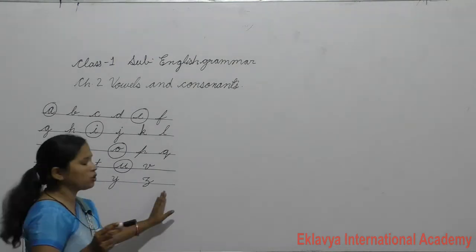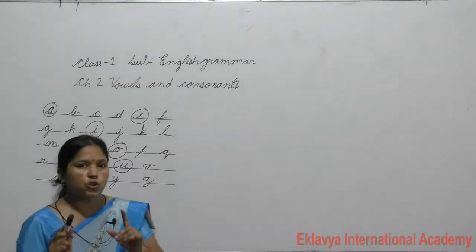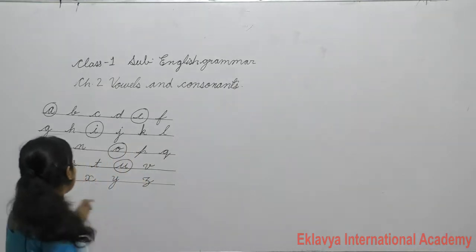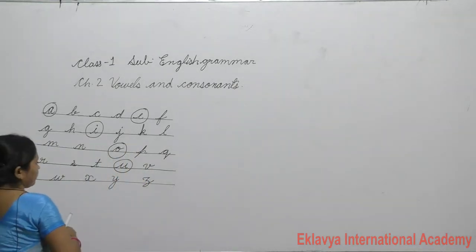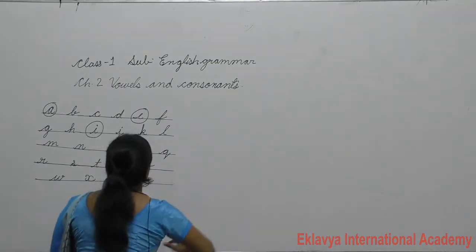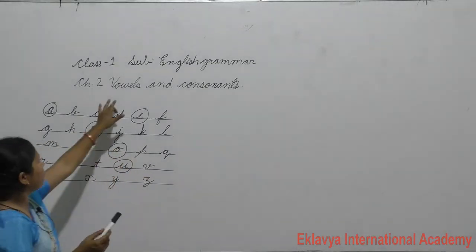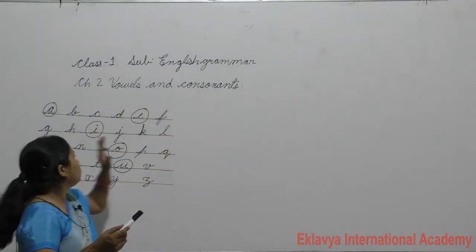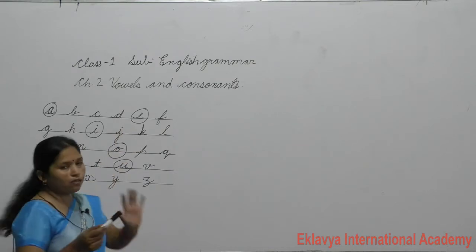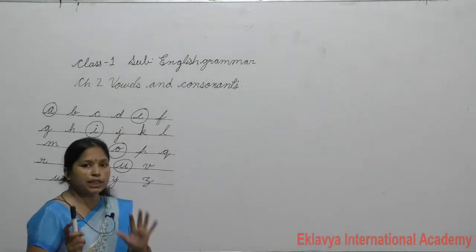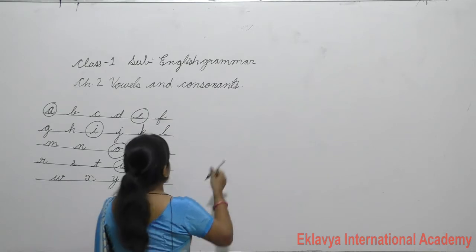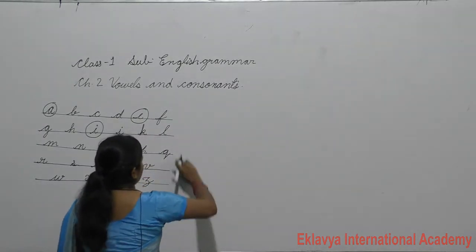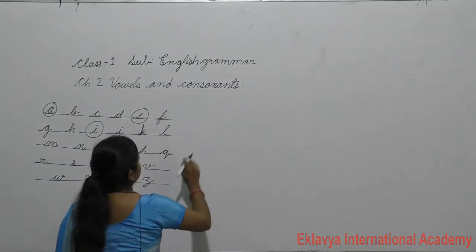So how many consonants? 21 consonants, 21 consonant letters in the alphabet. Understand this: there are 5 vowels in the alphabet and 21 consonant letters. Now, how to use vowels.